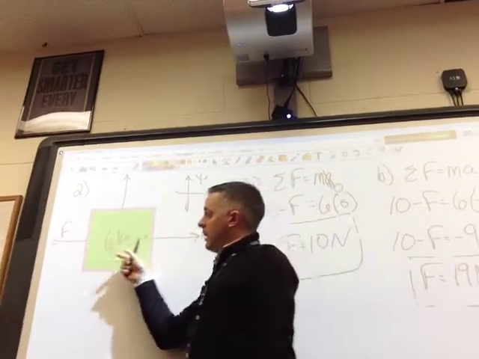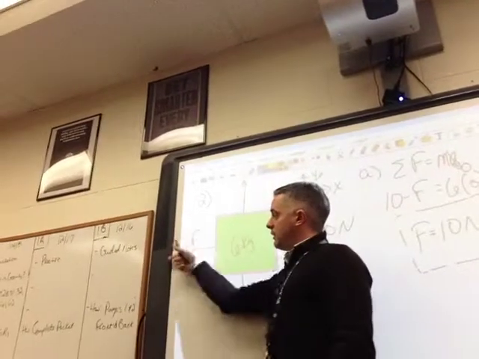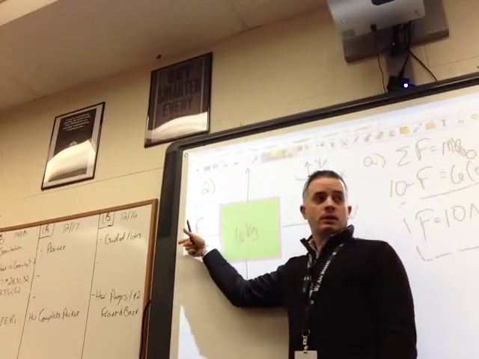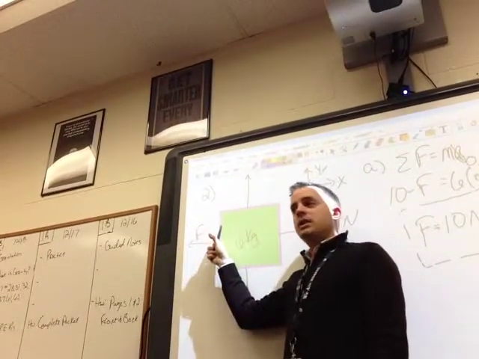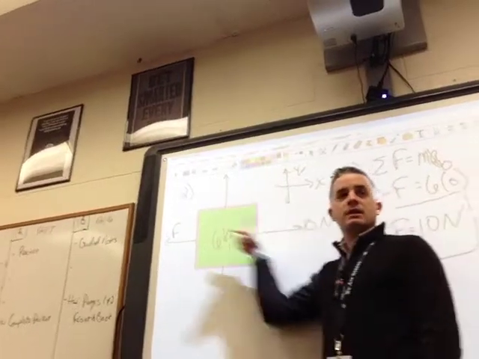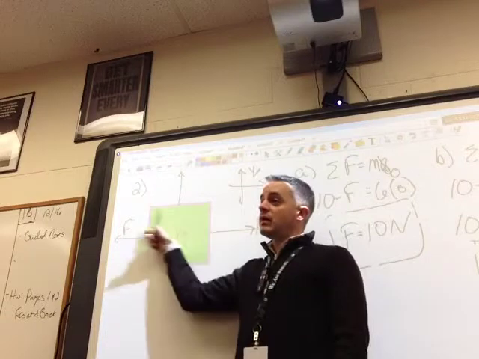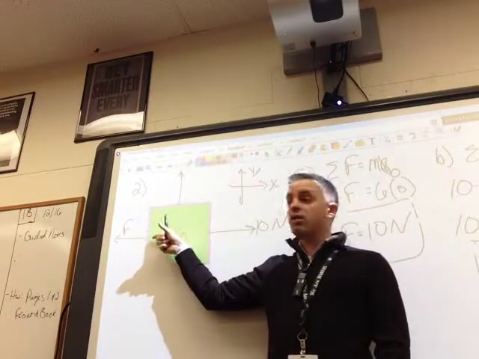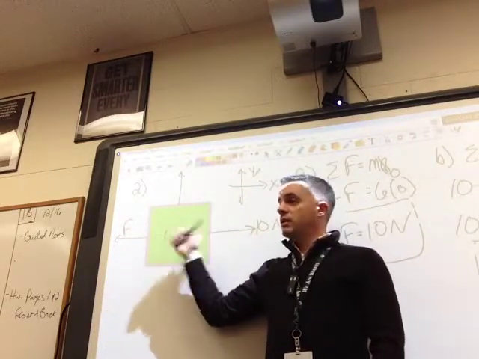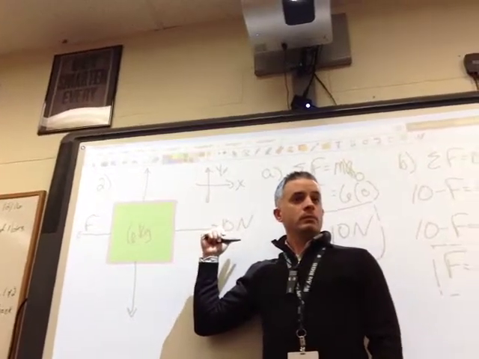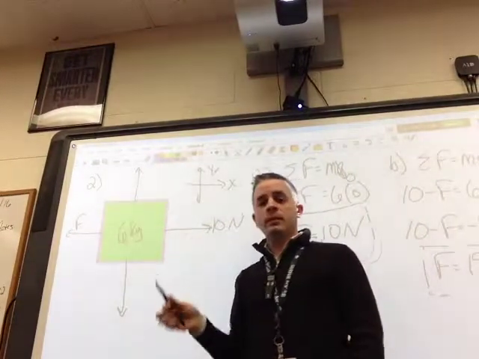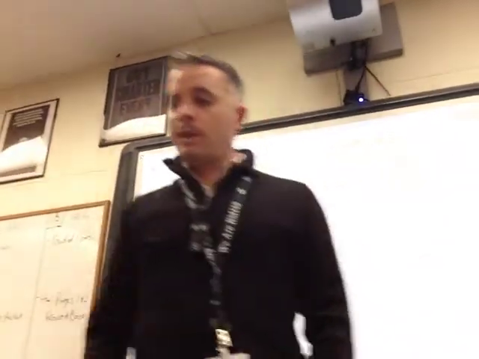So that means we want it to accelerate in this negative direction. Does F have to be greater than 10 to get it to accelerate this way? If you want something to accelerate in that direction, you've got to pull hard in that direction, or harder than anything going the other way. Make sense? All right.